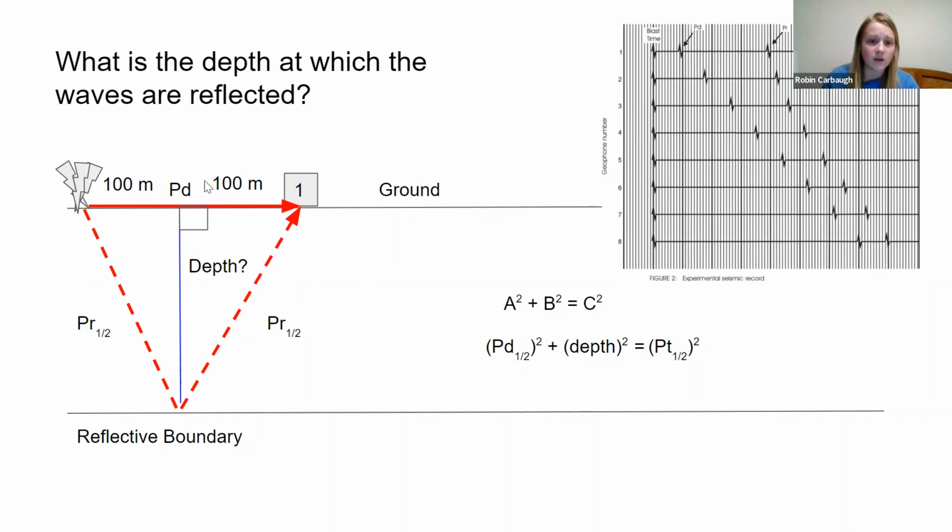So for half that triangle, I just split that in half for 100 meters here. And this is why we found the half reflected path length, because that full reflective path length was this side plus this side. So that's not really helpful to us. But with that half reflected length, we have this side, we have this side, and we could find depth with a squared plus b squared equals c squared.